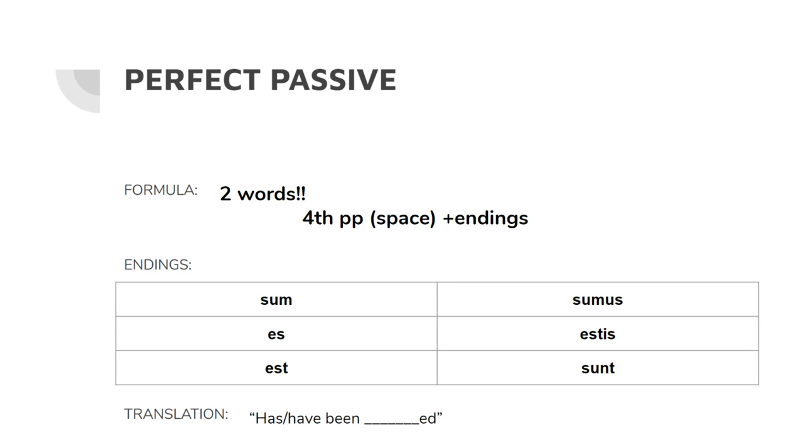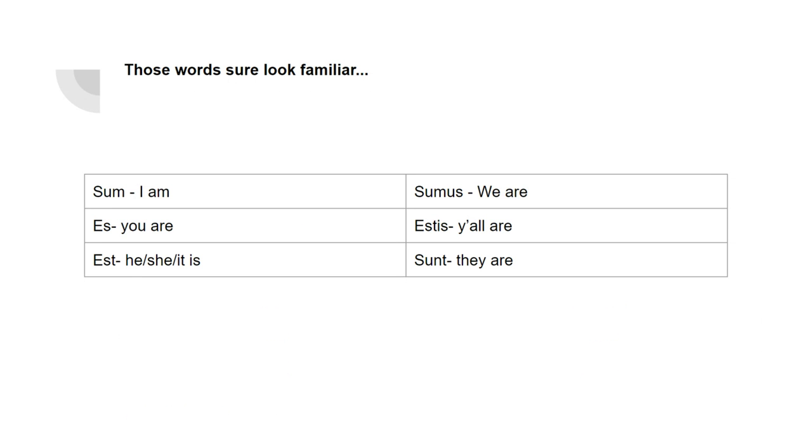Your translation for the perfect passive is has or have been blanked. Remember, I always say that be, being, or been makes something passive. Here's been, I think, for the first time. But I have been blanked, or he, she, or it has been blanked, right? You're going to use that one appropriately for the English subject. Okay? All right.